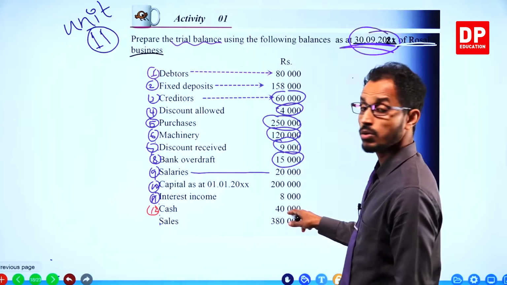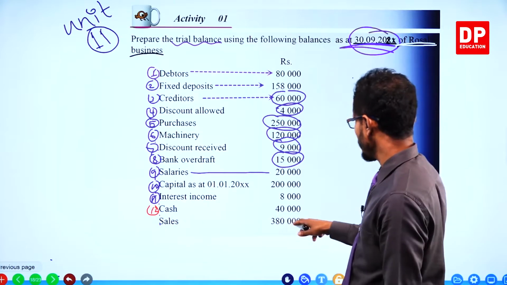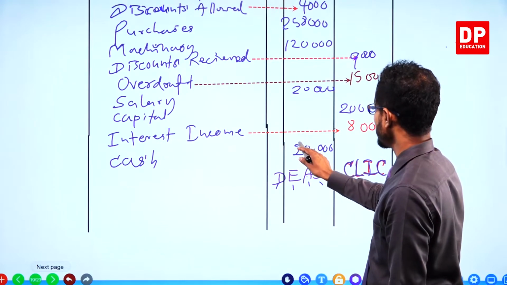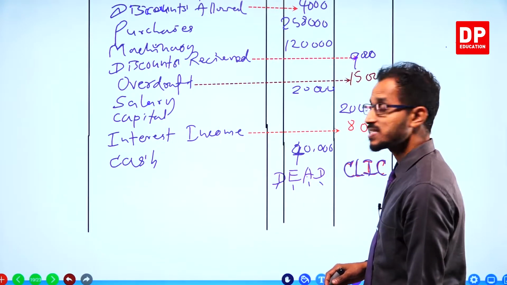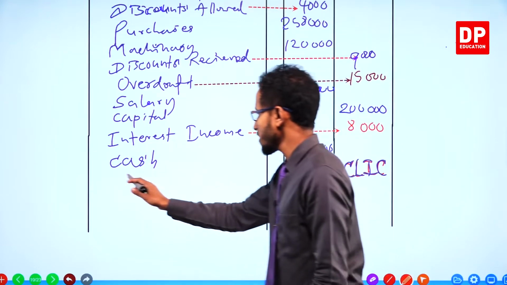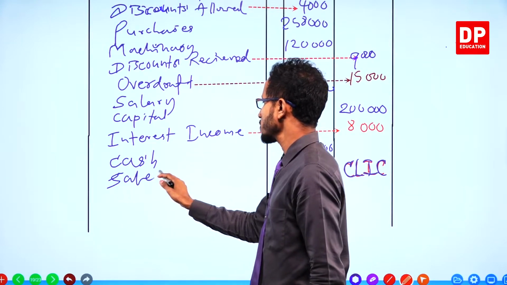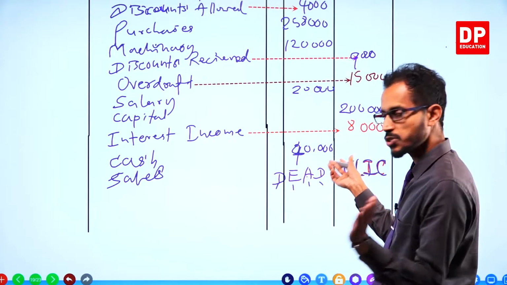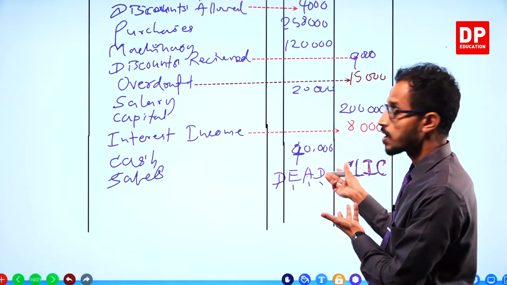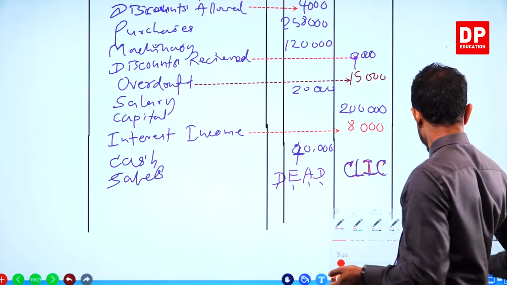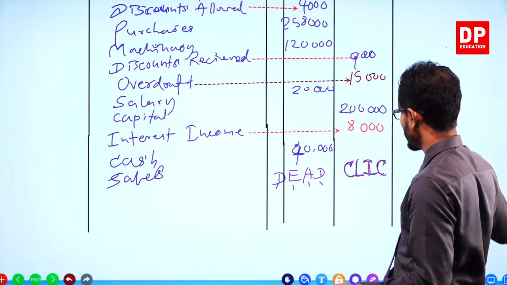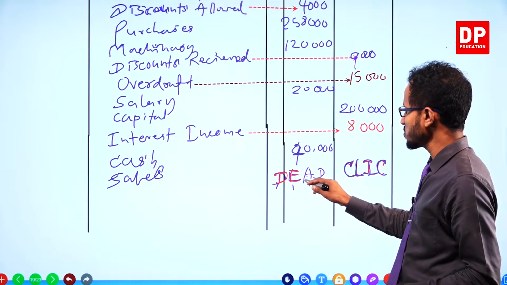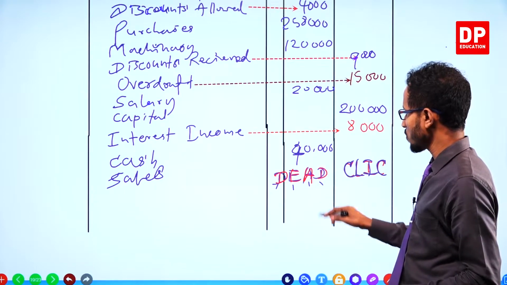Then, oh, it's 40,000. Sales, we have 380,000. Sales, 380,000. Let's write it down. Which column? Why are you looking at me? You should be able to figure out. Sales, is it an expense, or is it an asset, or is it a drawing?